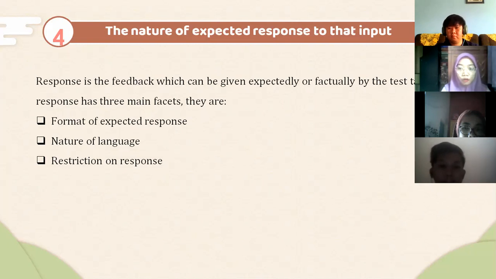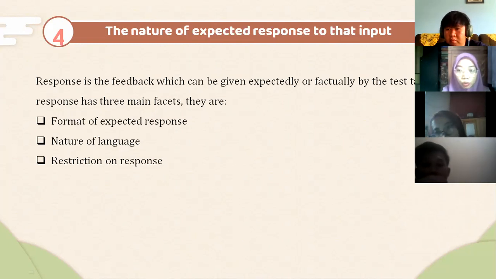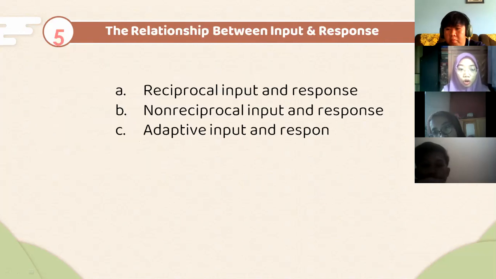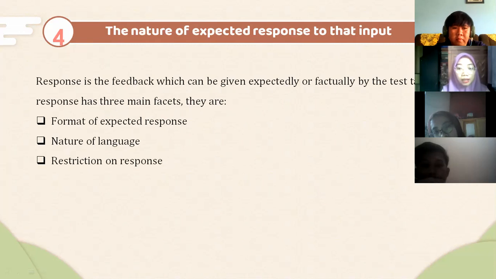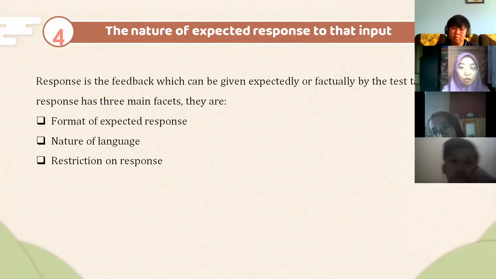In this format of expected response, we need to consider some aspects. First is the channel. The channel can be oral or visual, whether you want to test listening comprehension. And in this listening comprehension, what you want the test taker to do, whether it is to mark the correct choice in a multiple choice question or to respond by speaking. And then the mode of the format itself should be productive.